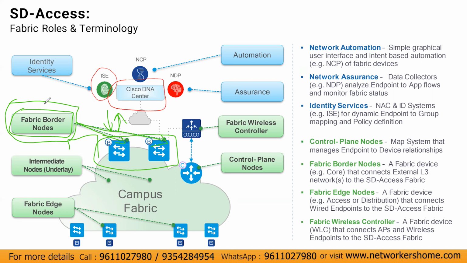So those are nothing but the Catalyst 9K family of switches, access switches, which are supporting this SD access architecture and which act as a border node. There are specific models which can be enabled for this border node functionality.